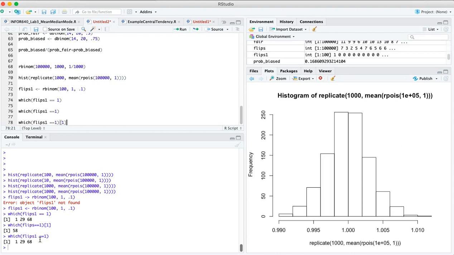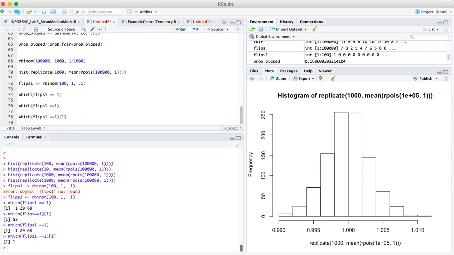So unlike some other programming languages, you call the first instance with the number 1 as opposed to the number 0. Go ahead and run that. And the first time that our coin toss came up heads was actually the very first time. So we wouldn't have had to wait very long.